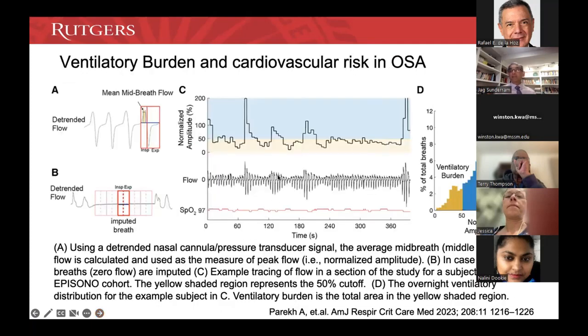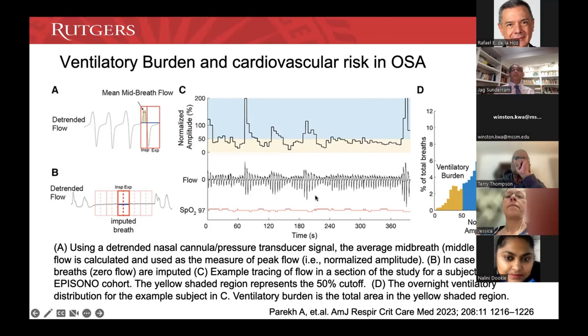More recently, Ankit from Mount Sinai has done a very interesting and cool study, published just last year in the Blue Journal, where he looked at the breath flow. Basically, ventilation is the primary reason why you have the hypoxic events, or an impairment in ventilation essentially.